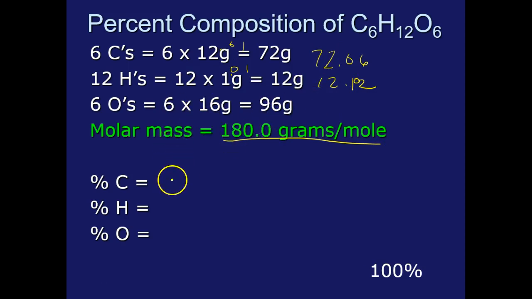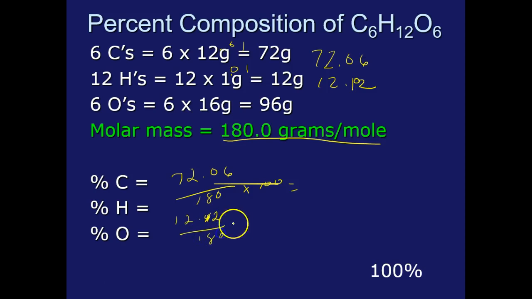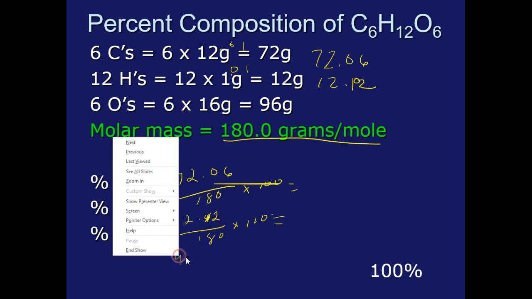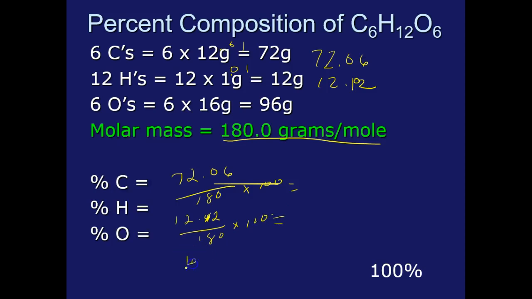Then to find carbon's percent, you take carbon, which is 72.06, divided by 180 times 100, and that will give you your percent. Hydrogen, same thing: 12.12 divided by 180 times 100 equals, and then oxygen would be 96, 96 divided by 180 times 100 equals.